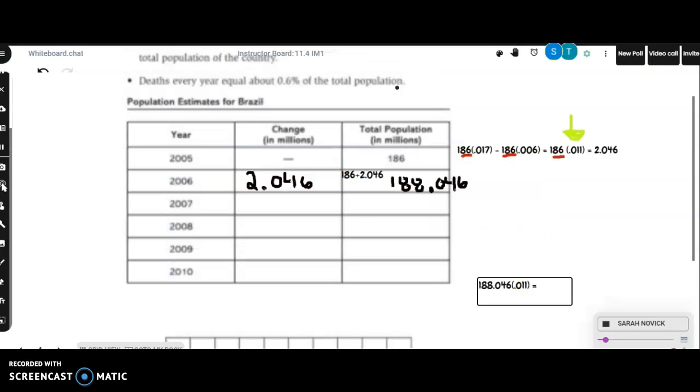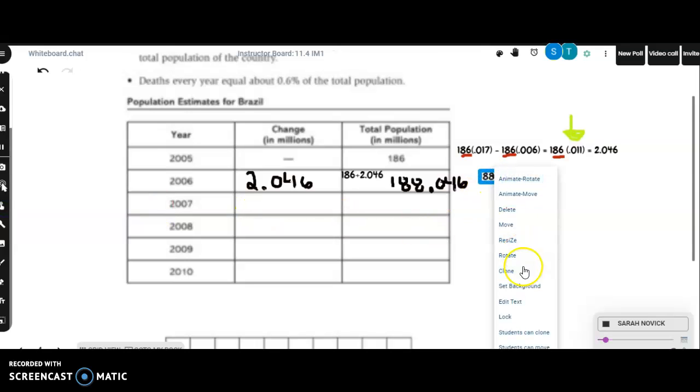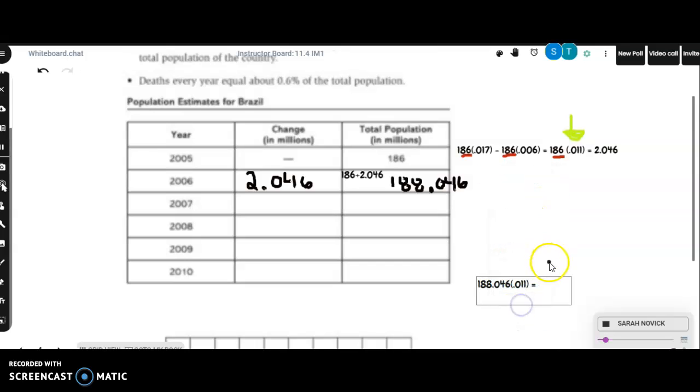Let's round that to 2.069. So that means right in here, our change would be 2.069, and we're just going to add that on.